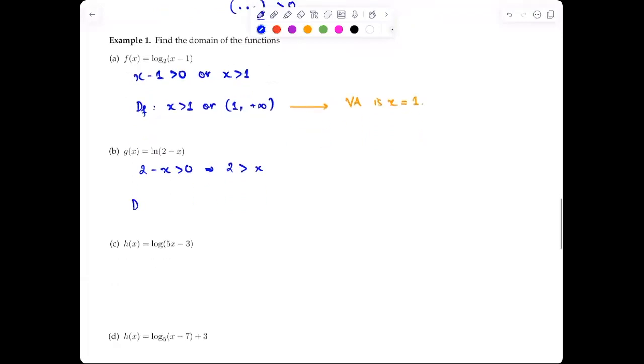So the domain of the function, where I use g for the function, is x less than 2, or from negative infinity to 2. And you can also conclude that the vertical asymptote is x equals 2.